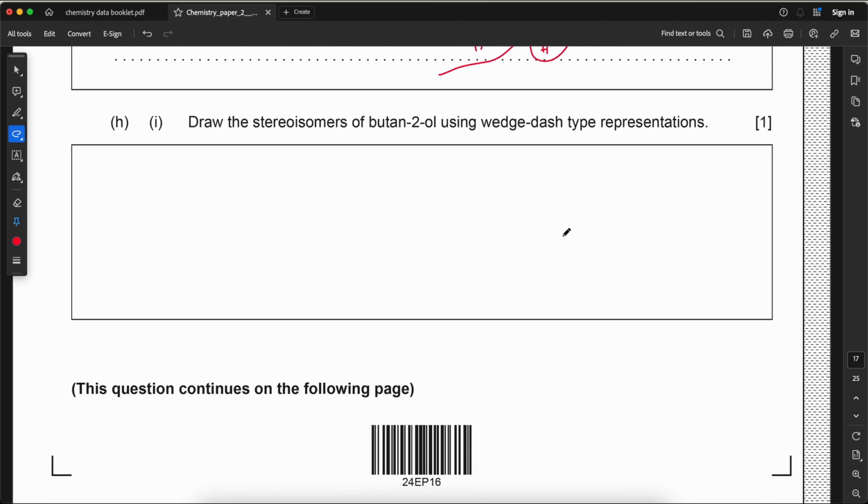Draw the stereoisomers of butan-2-ol using wedge-dash type representation. So C, OH, and that would be C2H5, and this would be CH3, and this would be H, and C, OH, this would be CH3, this would be H, and this would be C2H5.